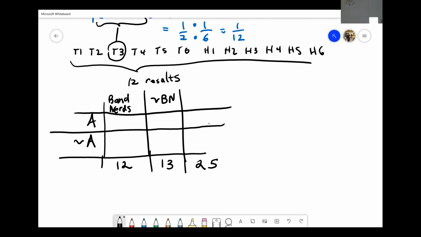We also noticed there were 5 A's and 20 not A's.